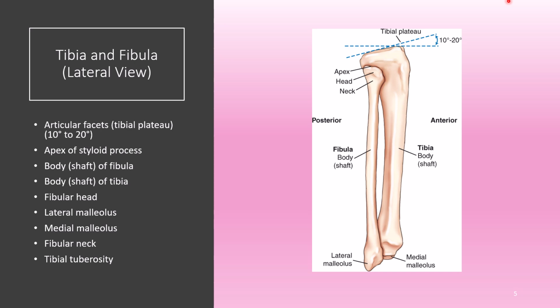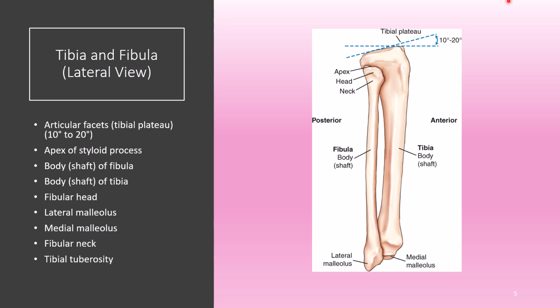If we look at this on page 218, figure 6.18, they do reference that the upper articular surface of the condyle has two smooth concave articular facets. That is the tibial plateau, and that articulates with the femur to form the knee joint. And when we look here on this lateral view, notice that the articular facets that make up the plateau slope posteriorly from 10 to 20 degrees in relation to the long axis of the tibia.